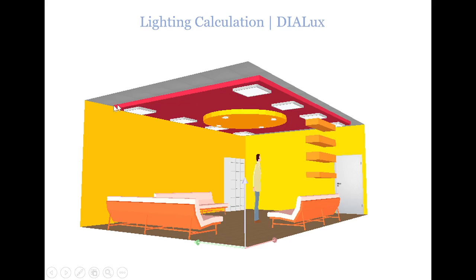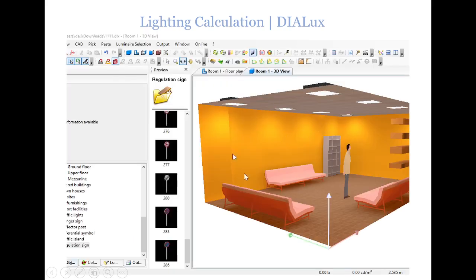I created this false ceiling. Then these lights are switched on. You can see here how this room will look at night when these lighting fixtures are switched on. It's a simulator software I modeled, and I simulated. So you can see here how it will look. So you will learn here.